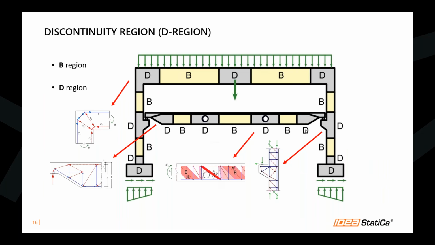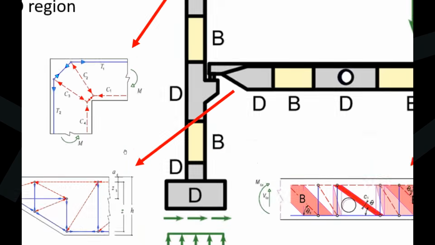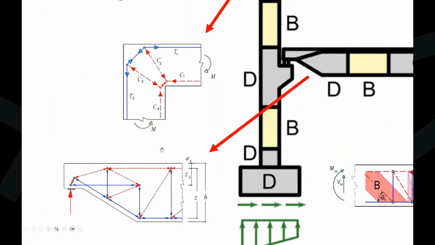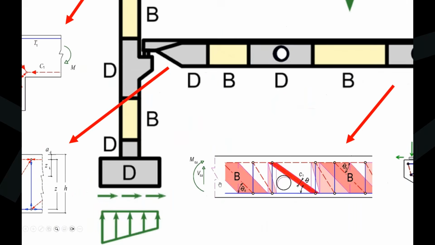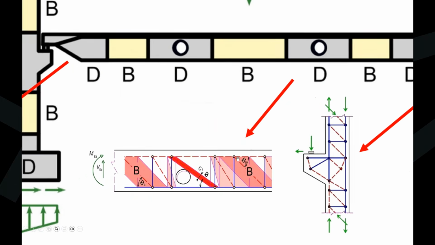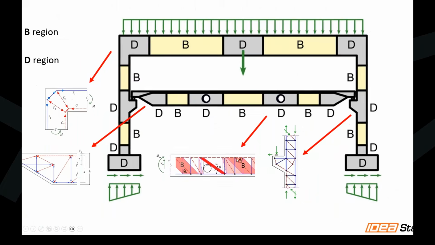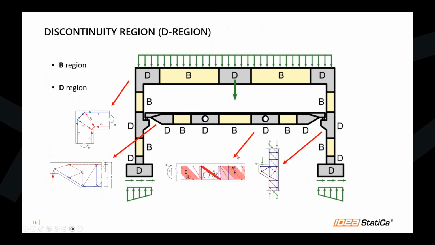You would need to derive, let's say, a strut and tie model. I think some of you are more familiar than me with how to build this strut and tie model, and this is currently how to solve it. But of course, we at IDEA StatiCa offer what we think is a better, easier, and faster solution, which is our application.